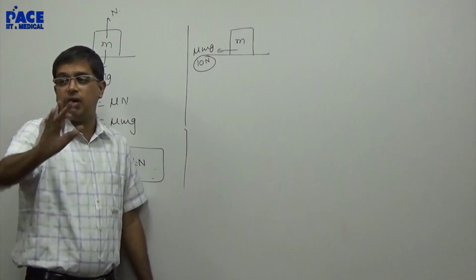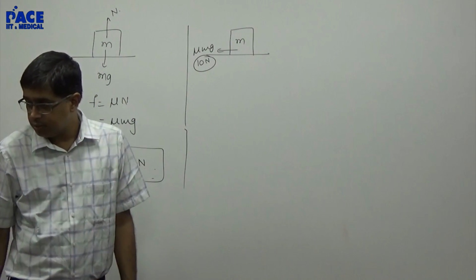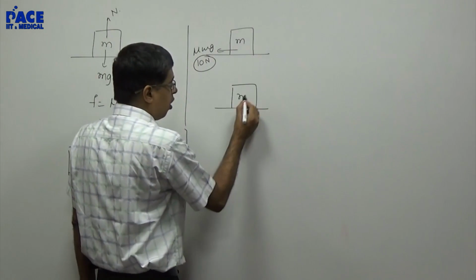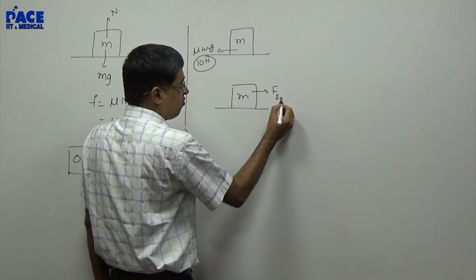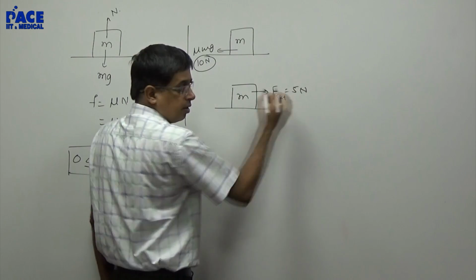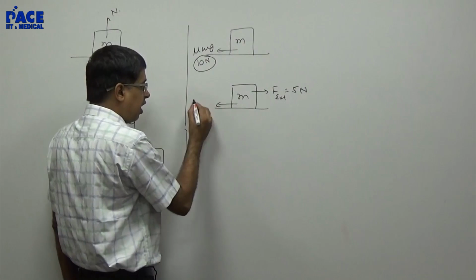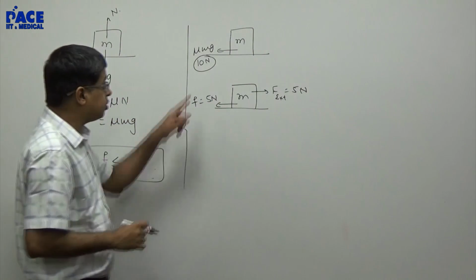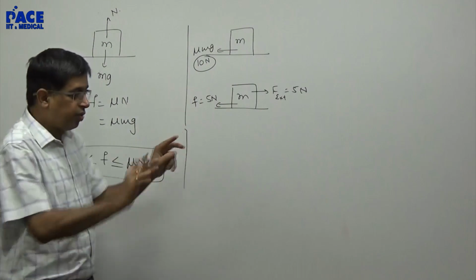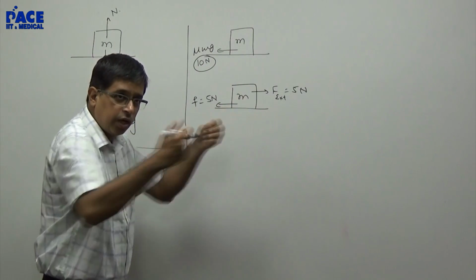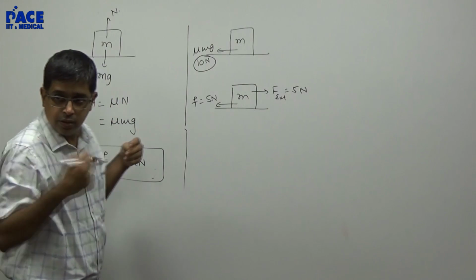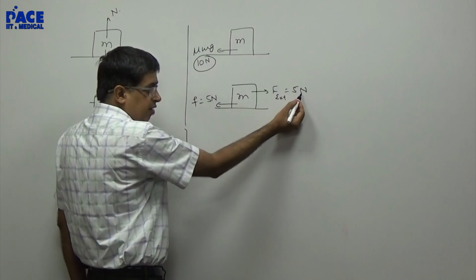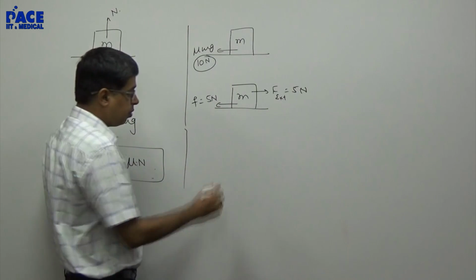This is the maximum value of friction acting on it. If I apply an external force of 5 Newton, what is the value of friction acting? 5. It's not 10. Because when I push a block this way, the block will not accelerate in the backward direction. So the block is at rest. If there is 5 Newton of force, the frictional force should be 5 Newton.